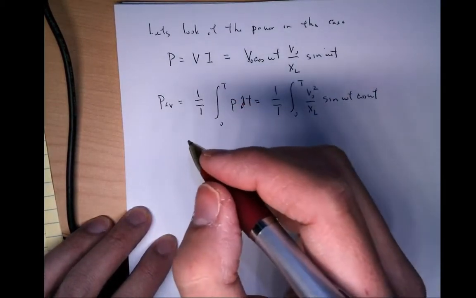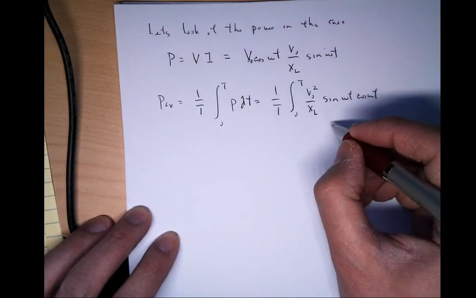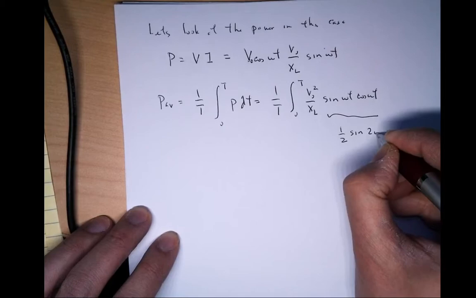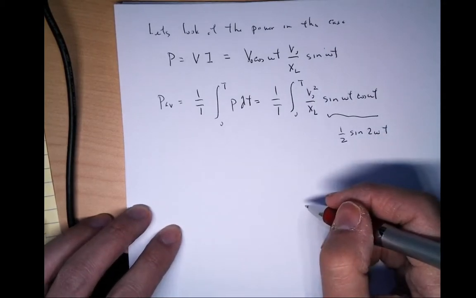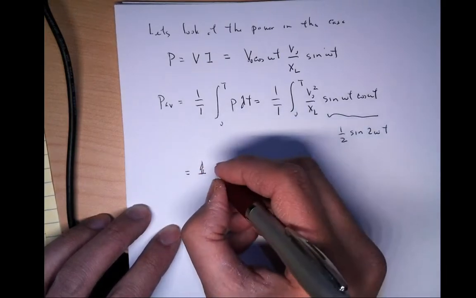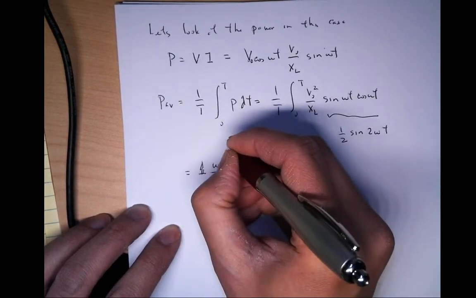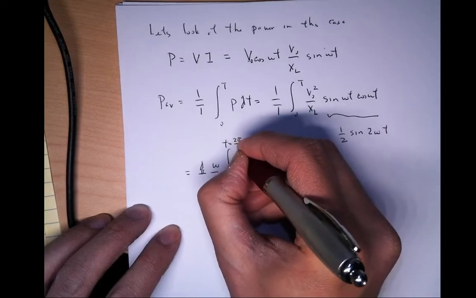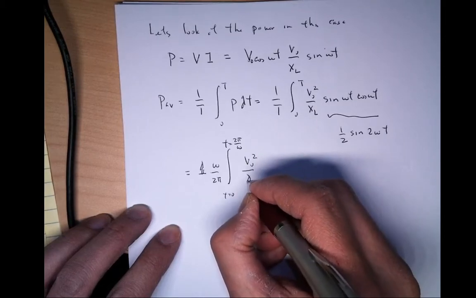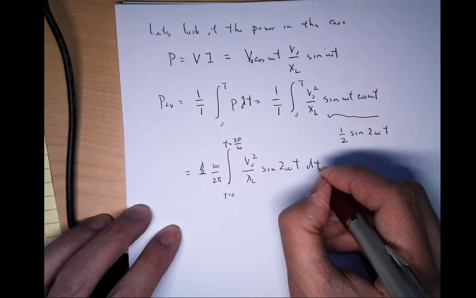Now, T again is 2 pi over omega. But if you do this, what you will notice is that this object right here is 1/2 sine 2 omega t. That's just the double angle formula. So let's go ahead and do that. This is going to be omega over 2 pi, integral t equals 0 to t equals 2 pi over omega. Let's plug everything in now. This is V0 squared over X sub L sine 2 omega t dt.